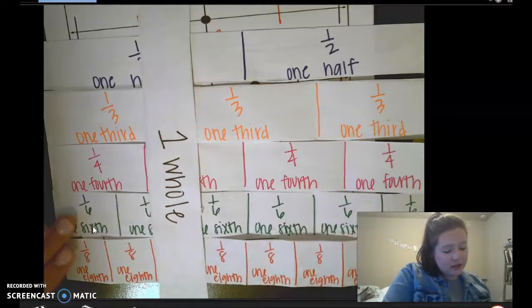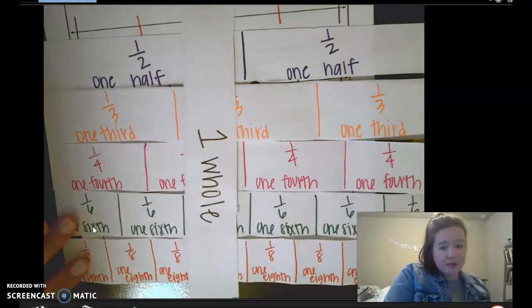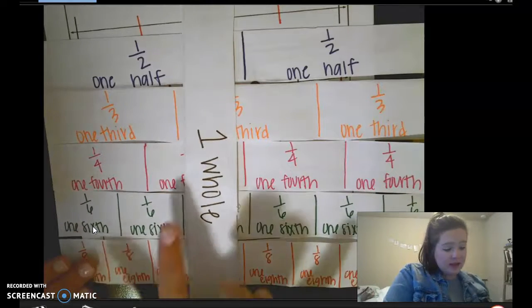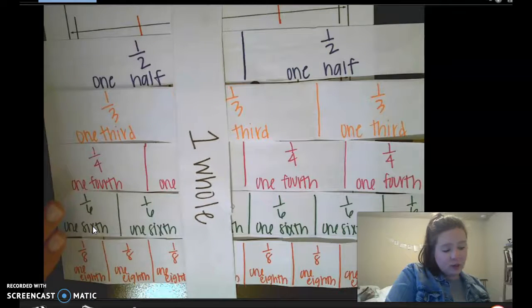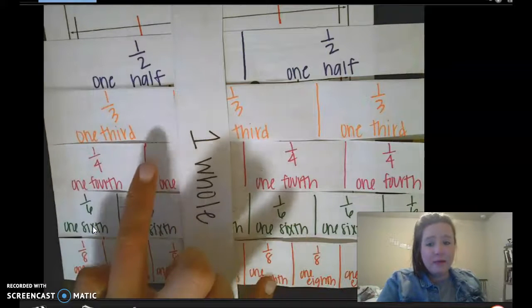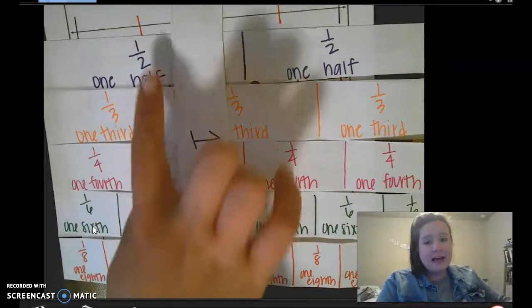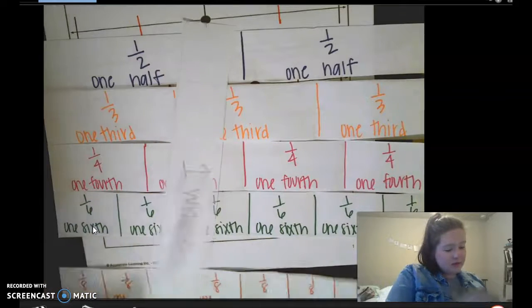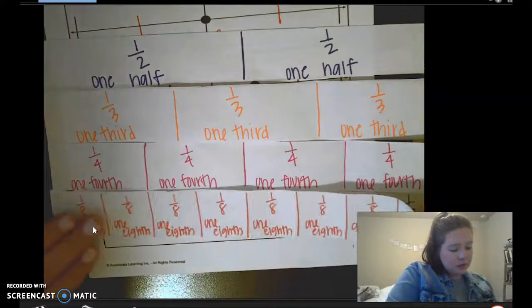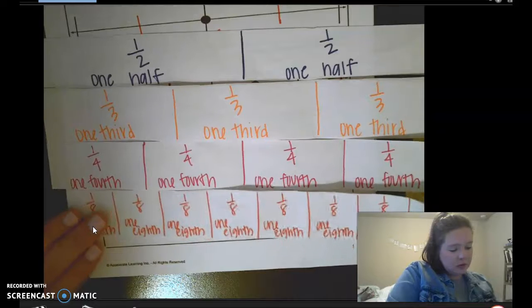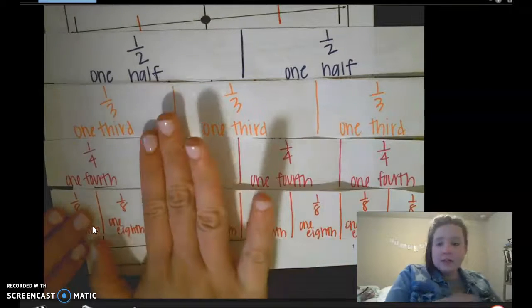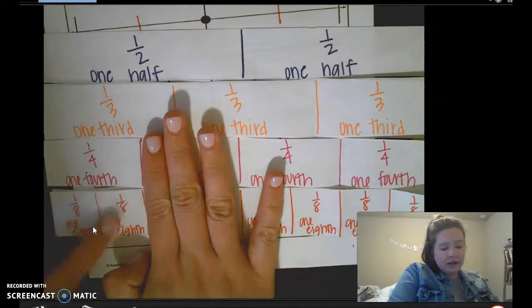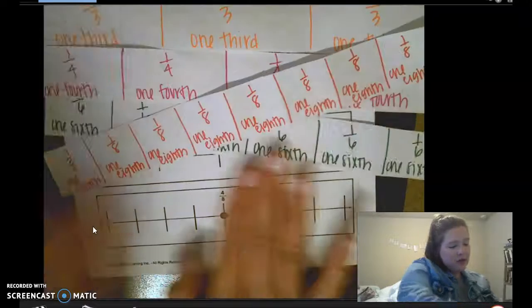It's not equivalent to 2/6, because that would be 2/6, and this is 1/4. It's not equivalent to 1/3. 1/3 is going to be a little bit bigger than 1/4. It's not equivalent to 1/2, but it is equivalent to 2/8. 1/8 and 2/8. Okay?